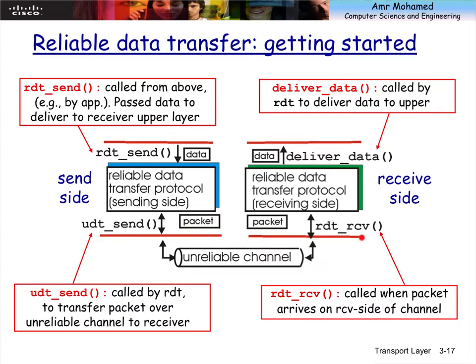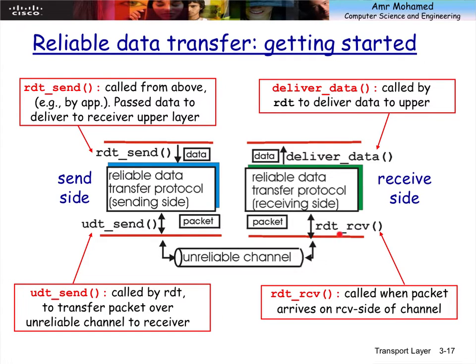And also here, at the receiver side, I need to do the reverse operation. At the receiver side, I also receive a trigger called reliable data transfer receive. Okay? Because at the receiver side also I need to facilitate the reliable data transfer with the sender.